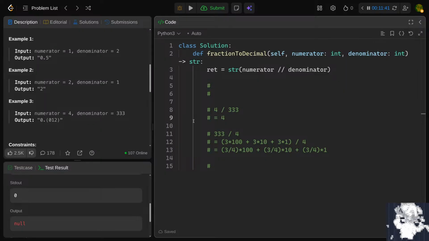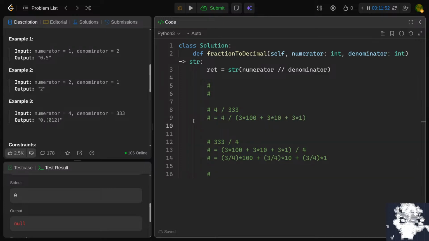So if I had this divided by 3 times 100 plus 3 times 10 plus 3 times 1, then I could also distribute, I can't, no, I can't distribute the 4 here.